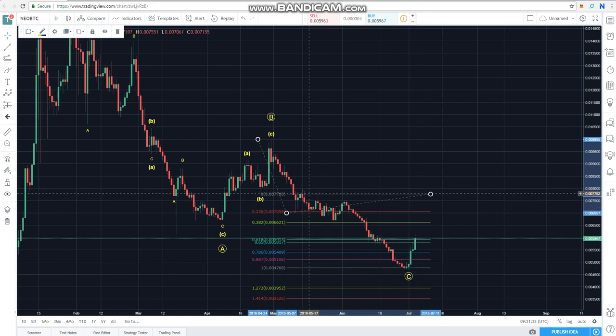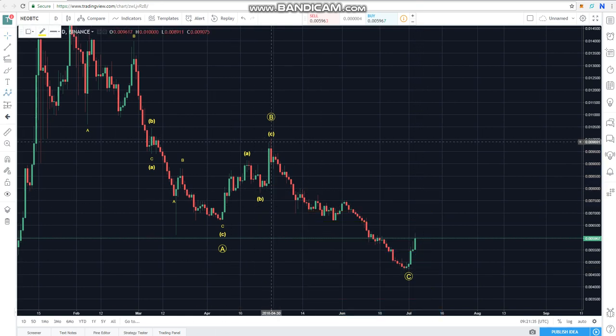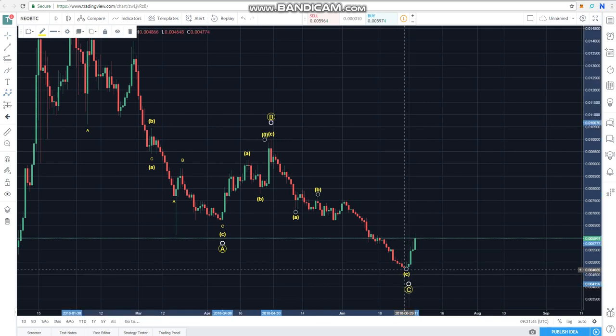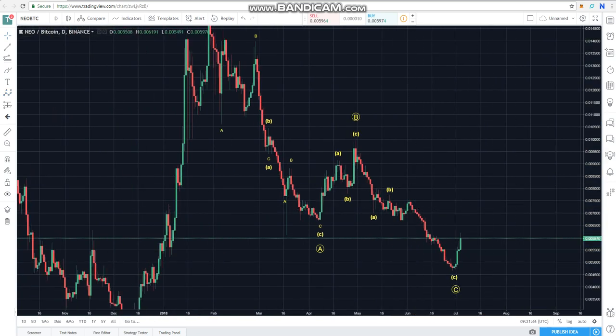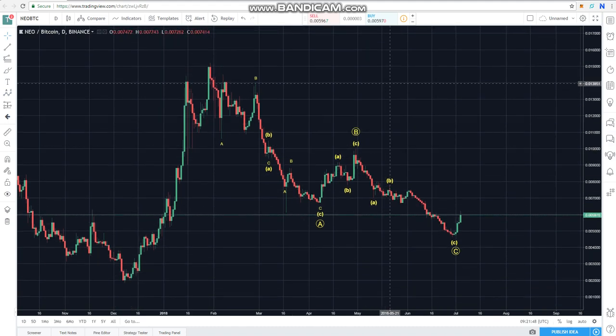Yeah, it looks likely. So the way I would count this is that I would count this as the A, B, and C. And since we have double confirmation, the first confirmation being this wider A, B, Fibonacci extension target hitting on the golden ratio, and the subwave A, B hitting the C target of the 1-to-1 Fibonacci extension ratio.